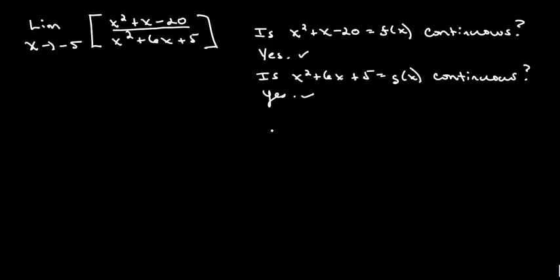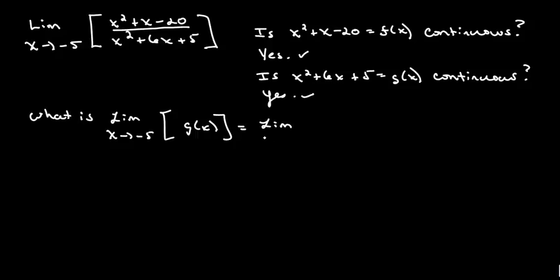Now, the next thing to check is the limit as x approaches -5 of g of x. And remember, g of x is the same thing as saying the limit as x approaches -5 of x squared plus 6x plus 5.